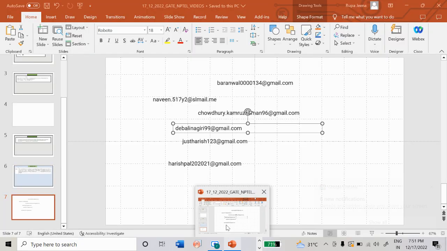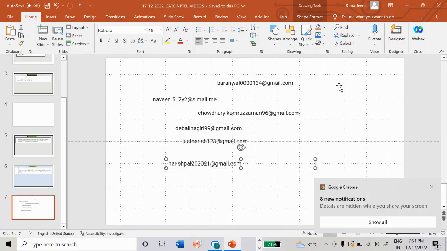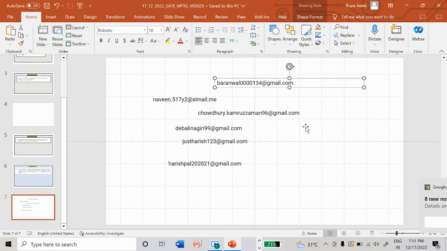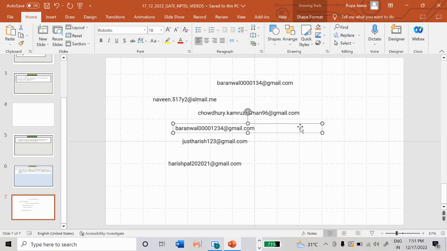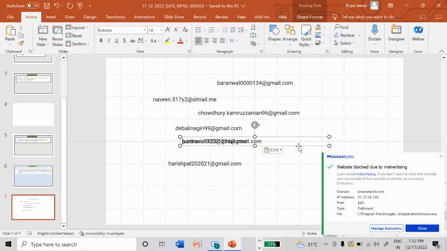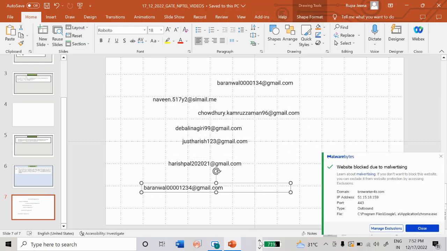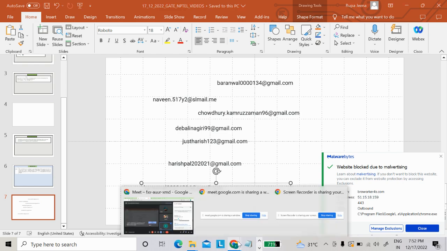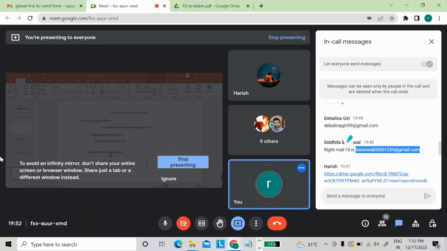GATE examination is all about speed. If you compare the level of GATE and other examinations, you'll find that in GATE it's more about speed. But in CSIR examination, you just need to solve hard questions. So CSIR examination will test your brain capacity, while GATE will test your speed, because generally questions are straightforward in GATE, but you need to focus on your speed.